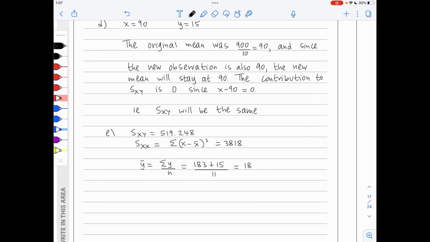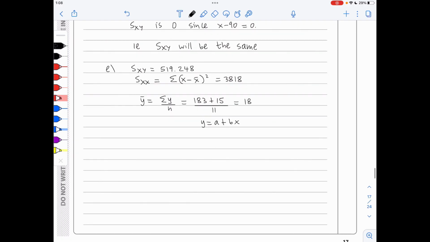We are looking for the equation of the regression line, so y is a plus bx. So we can say that b is Sxy over Sxx, which is 519.248 over 3818, so it remains the same. It remains at 0.136.